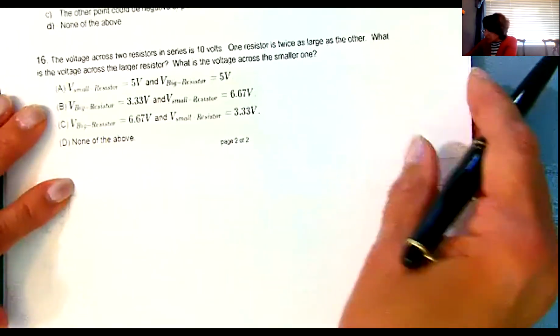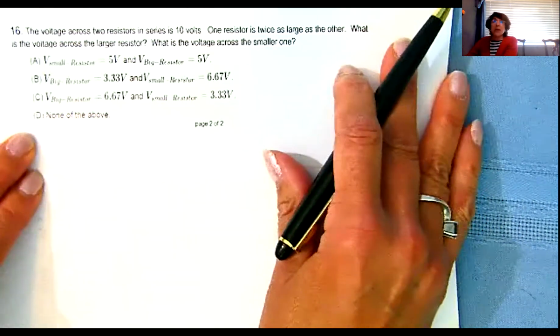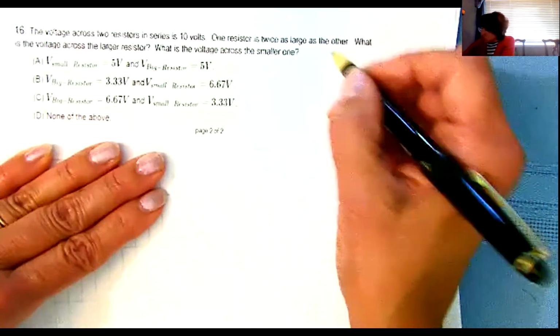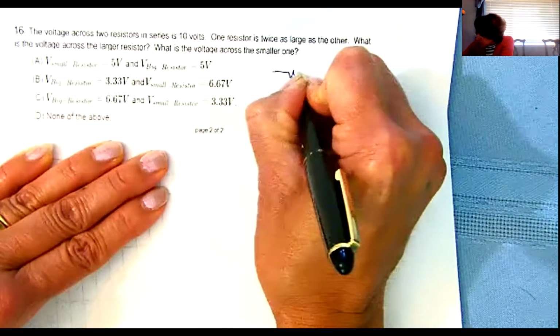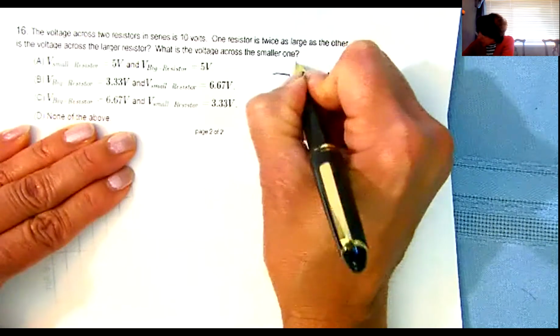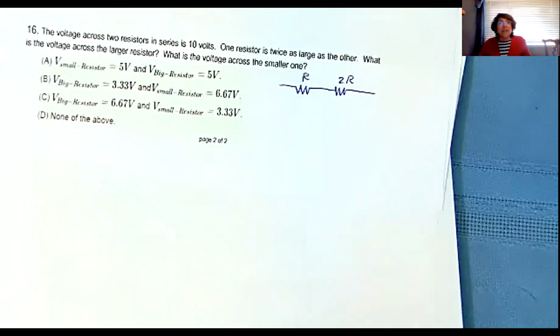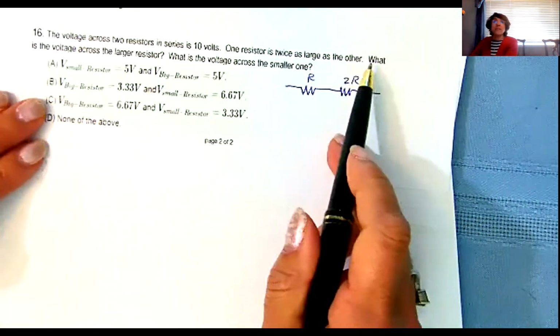Okay, so this is basically fun with math. I'm going to draw a picture for you guys here. I've got two resistors in series. I'm going to call one R and my other one 2R. You guys fine with that? It said that one of the resistors is twice the other.